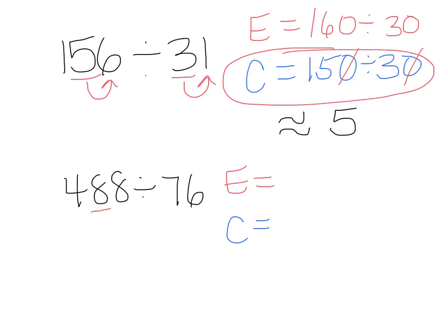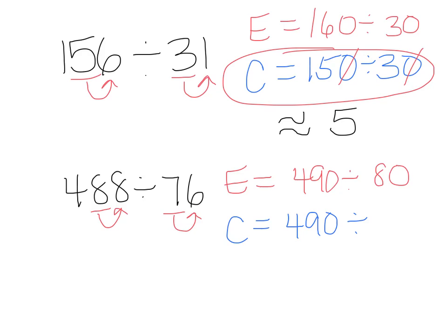Because for the estimation, that 8 is going to make my other 8 turn into a 9, so I'll have 490 divided by, the 6 is going to make my 7 go up to an 8. If I think of my facts of 8, 8, 16, 24, 32, 40, 48. Can 8 go into 49? No, it cannot. So then I think of my compatible numbers.